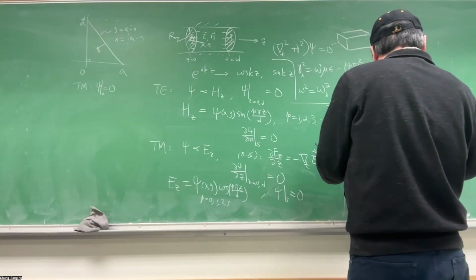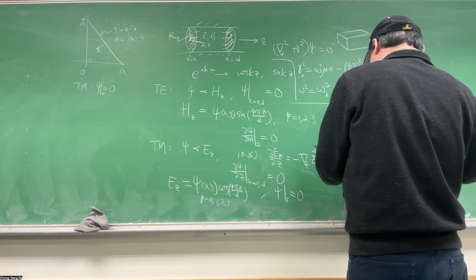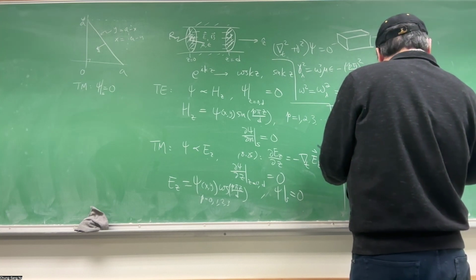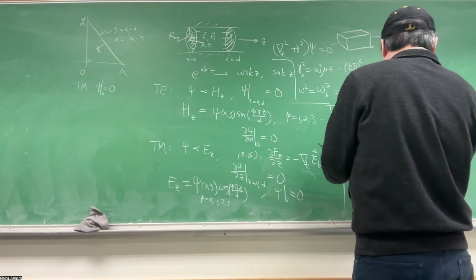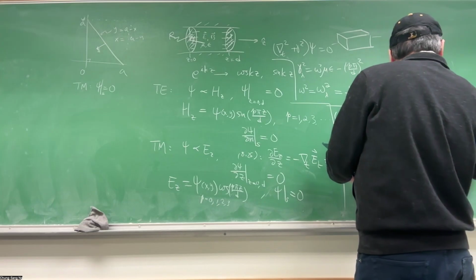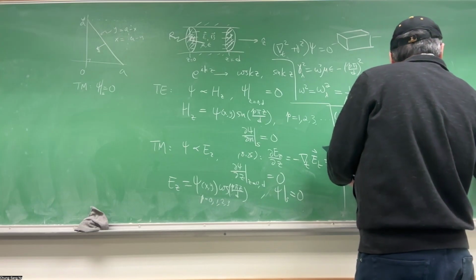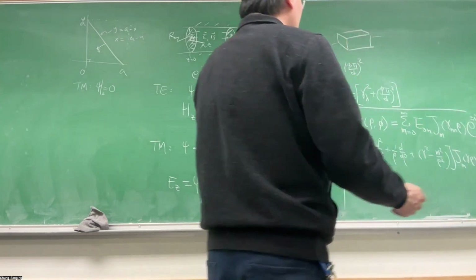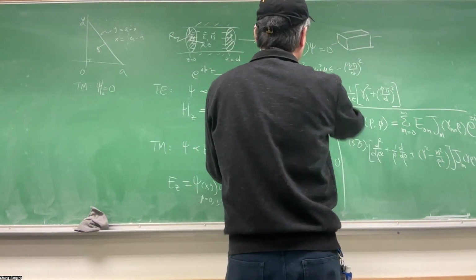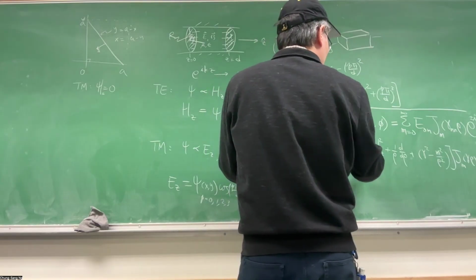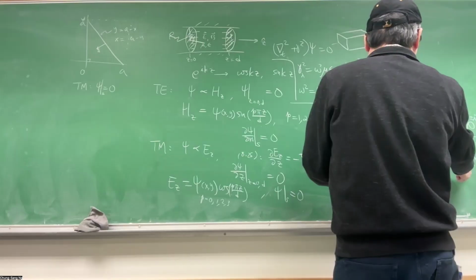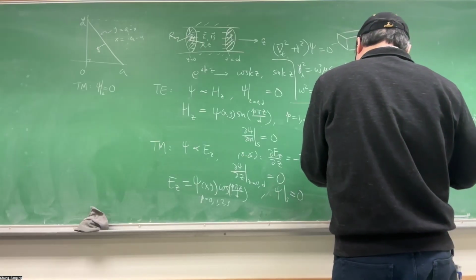The gamma square minus m square over rho square, and that operates on this J m of gamma rho, that is 0. Okay, and so this is the Bessel equation. Compare this with that one. So that actually is satisfied by this J m, right.